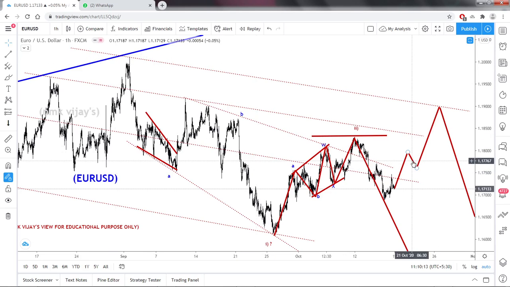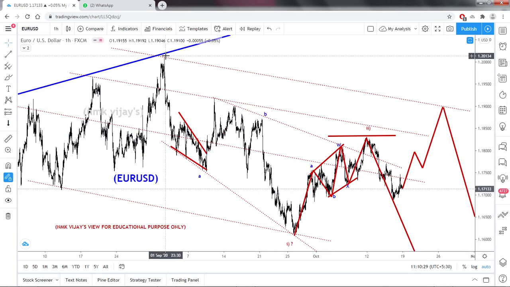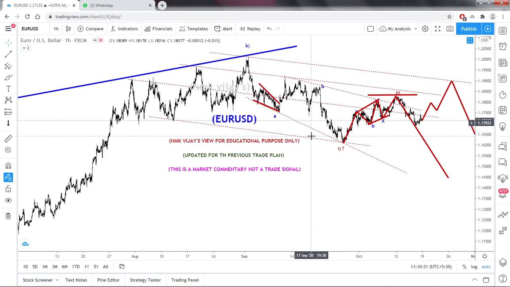But what will happen, once it breaks, people will enter here making a stop loss at the last swing, and they never exit here, but keep on trailing that to break this because of the lack of knowledge.